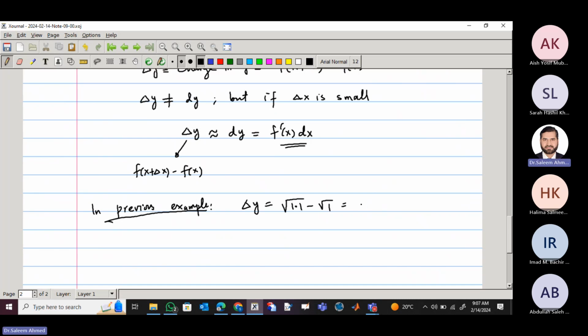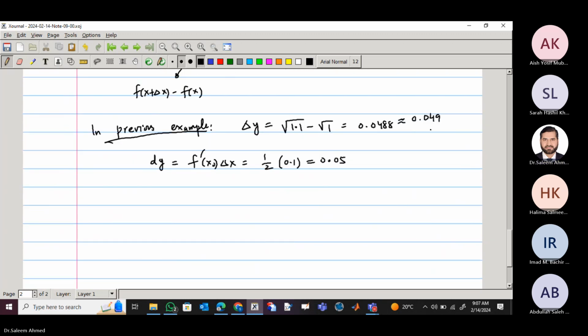That was the exact change, which was 0.0488, or you can say 0.049, right? But what we calculated as dy, which was f prime x naught times delta x, was 1/2 times 0.1, and that was 0.05, right?